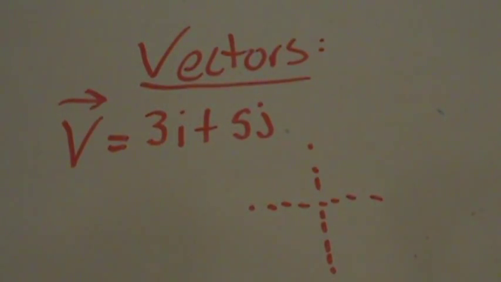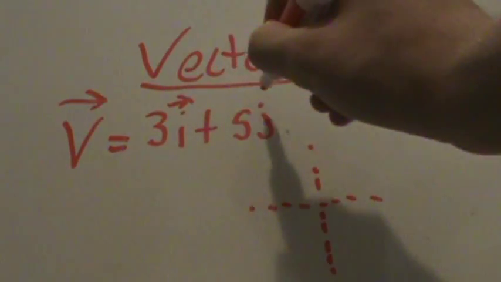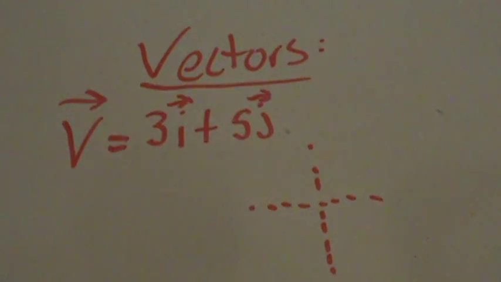And typically when you write these i's and j's, you should also put arrows over them to denote that they are vectors. They are components of a vector, and they're not actually variables. So here you have a vector, and like we said, a vector has direction. So let's graph this vector.